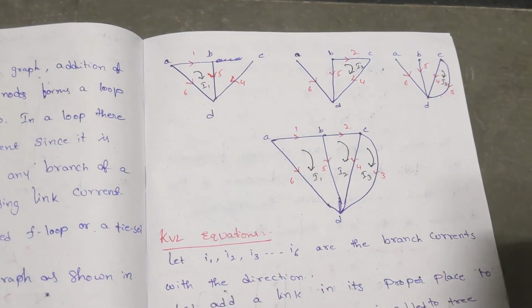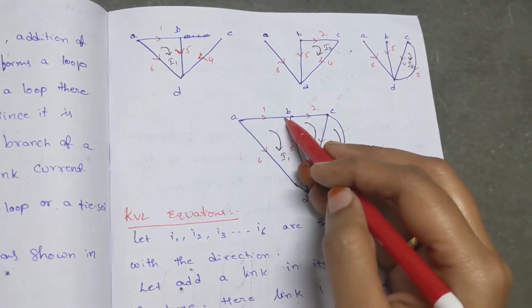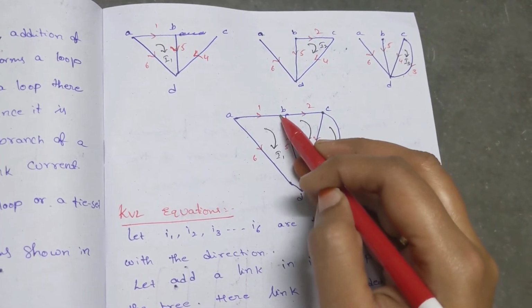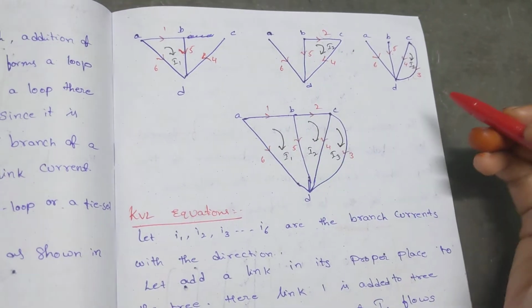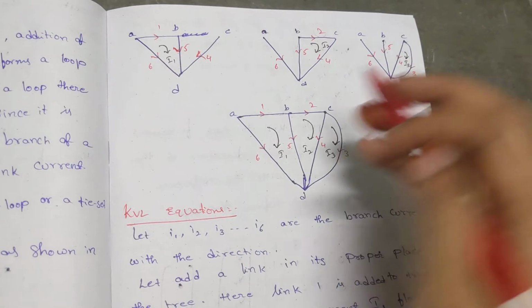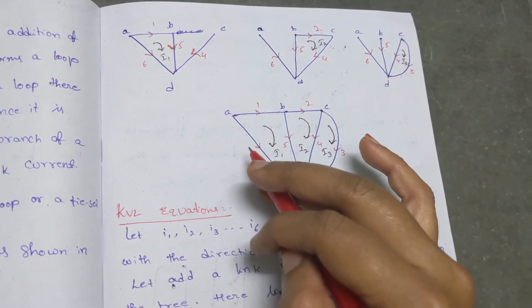Please observe one point. Whatever the direction of the branch, sometimes it is aligned with your loop currents. In some cases it is opposite.